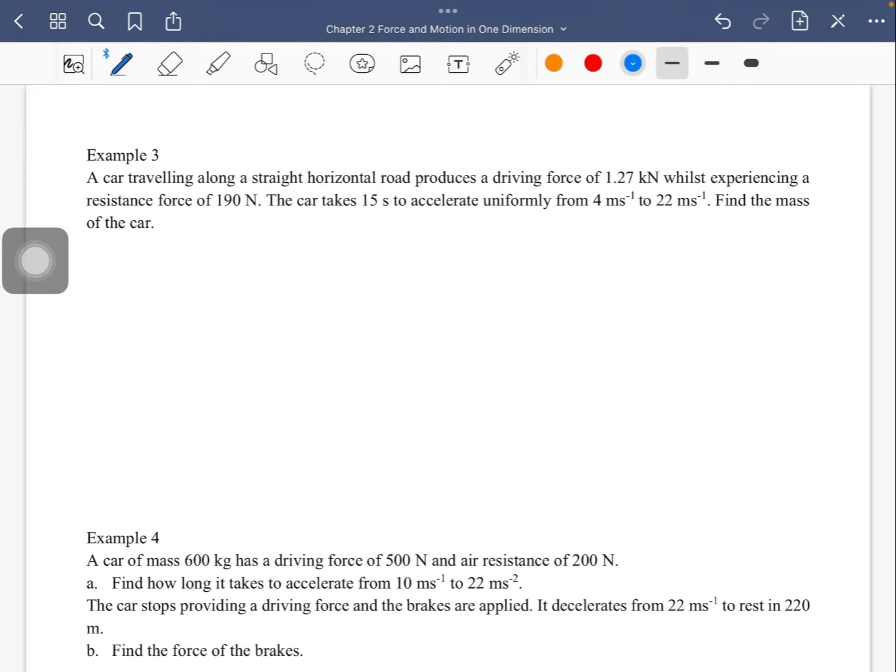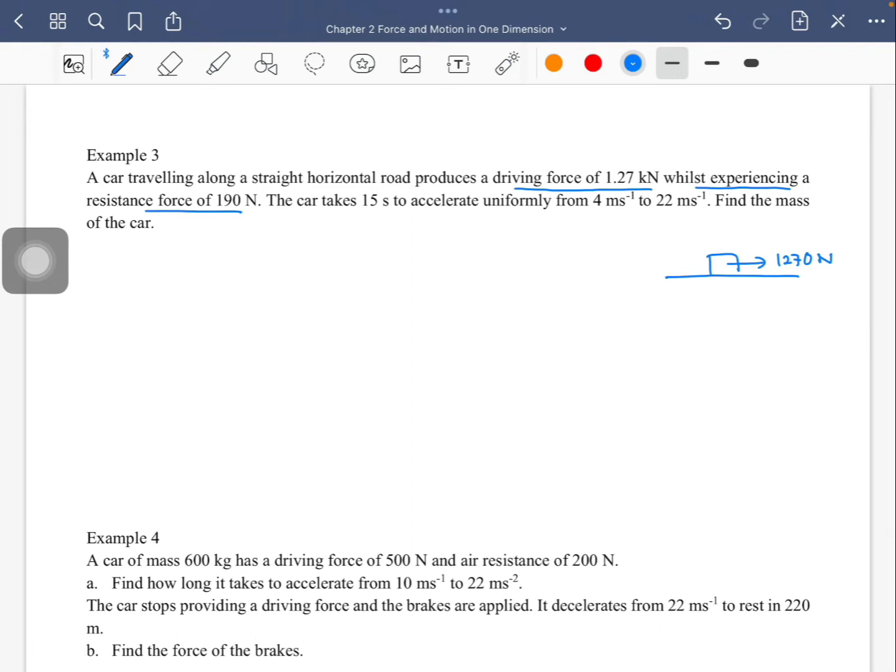Right, so here we have a horizontal road, and we have the car represented by a box there, and then we have a driving force of 1.27 kilonewton, so it is equivalent to 1270 Newton. I assume the car moves to the right with a driving force of 1270 Newton, and at the same time the car is experiencing a resistance force of 190.